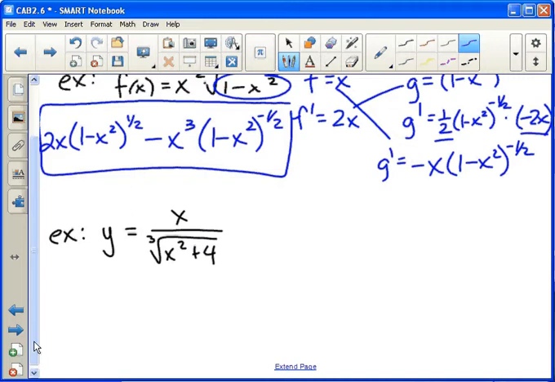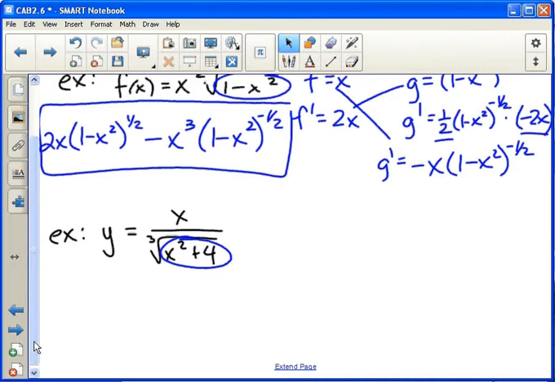Well, for a similar reason as the first one, we're going to use quotient first. Only a piece of this, only this denominator needs the chain rule because we've got something other than just plain old x inside the cube root. The whole thing doesn't need it, just the denominator. So that's how we know that chain doesn't go first because it doesn't apply to the whole thing. The whole thing is a fraction, so we need to use the quotient rule first.